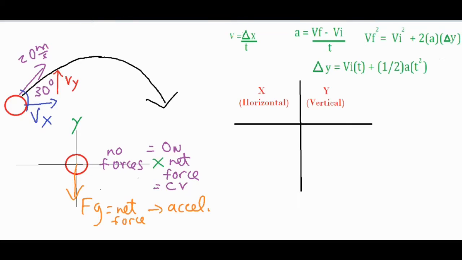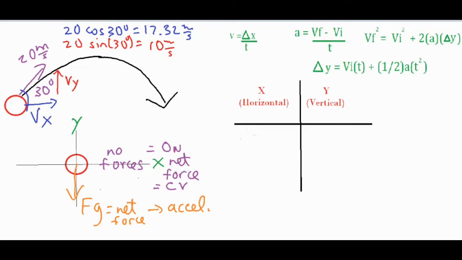So we can go ahead and say that 20 times the cosine of 30 degrees is our x component, and that would mean our x component is 17.32 meters per second. And then in the y component, because it's opposite of the 30-degree angle, we're going to take 20 times the sine of 30 degrees, and that's going to give us 10 meters per second.